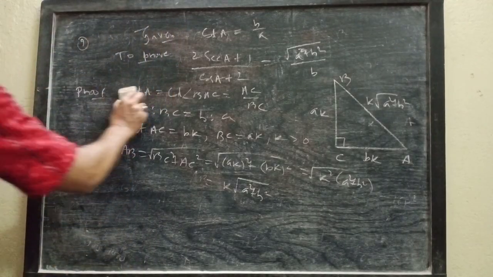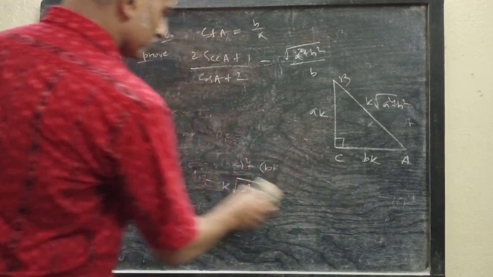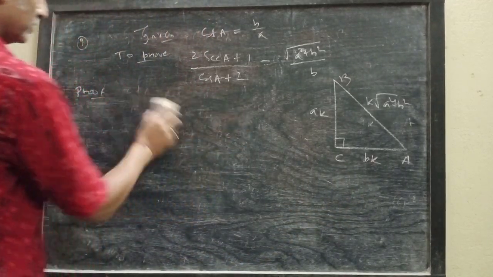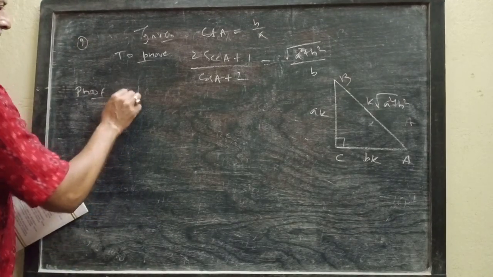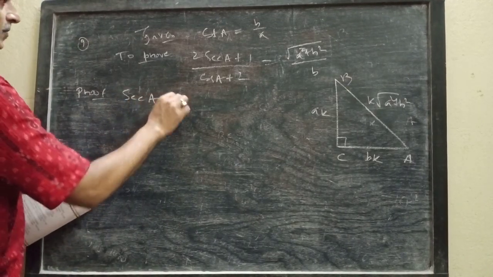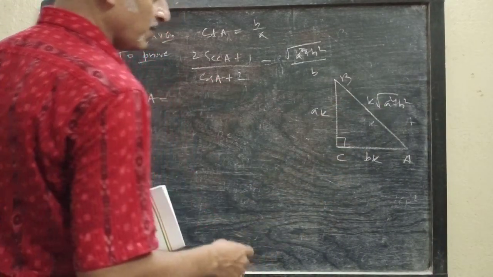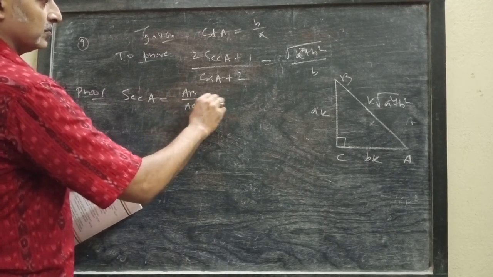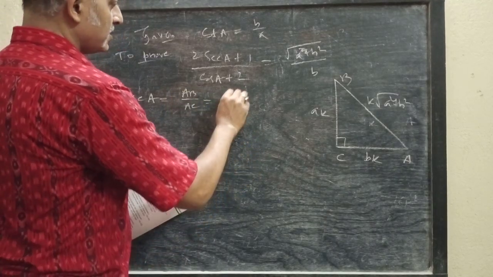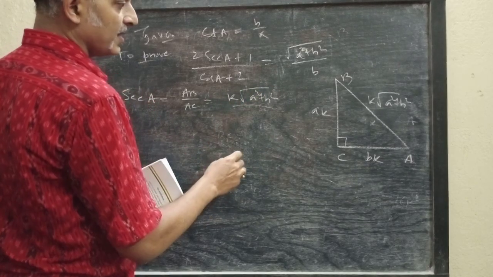Now let us find these ratios. Sec A, reciprocal of cos, so hypotenuse by base, that is AB by AC. AB is K into root over of a square plus b square by AC is bK.